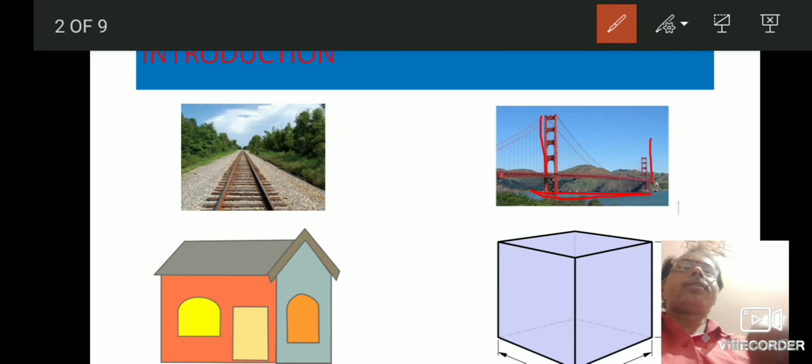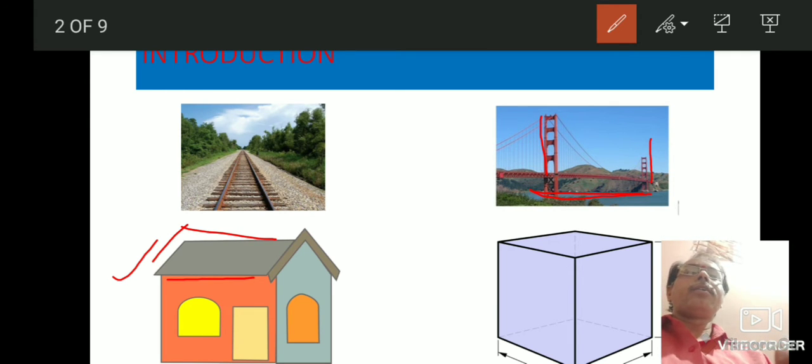And then see this figure. Here also we have edges, 1, 2, 3 edges, which seem to be line segments.